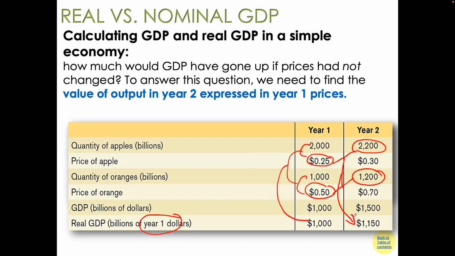Now, if you compare 1,000 to 1,150, the only change is coming from where? Coming from quantity, not from price, because price doesn't change. Is it clear?